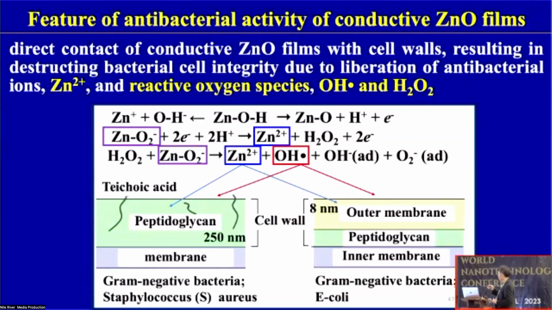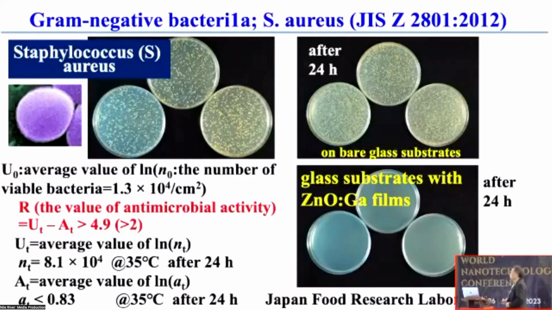The point is the generation of zinc plus ions together with the generation of reactive oxygen species. And I'd like to show you the experimental results. The first is Staphylococcus aureus.